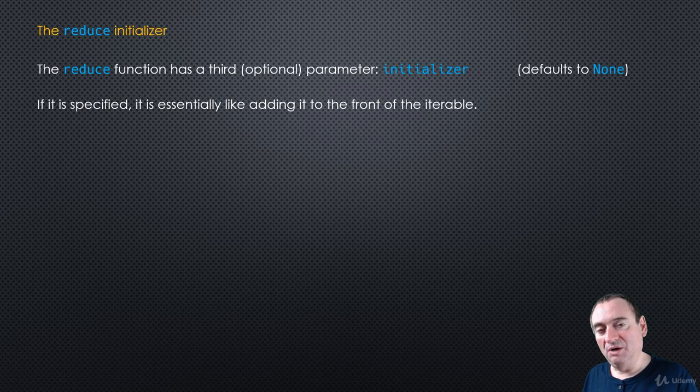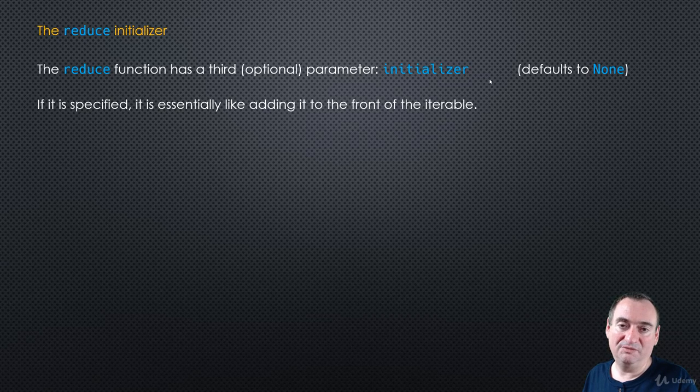You can think of it essentially as adding something to the front of the iterable. Remember in the code when we wrote our own reduce, we had an initializer, right? We were initializing the result to the first element of the iterable. What the initializer does in the reduce function in Python is it overrides that and says, no, don't use the first element as your initial value for the result.